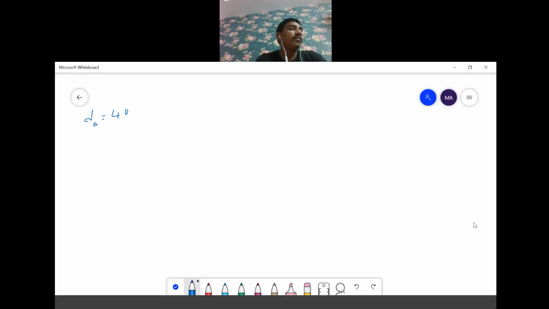The top diameter is 30 mm, and the axis is 50 mm long. He has given the height as 50 mm.